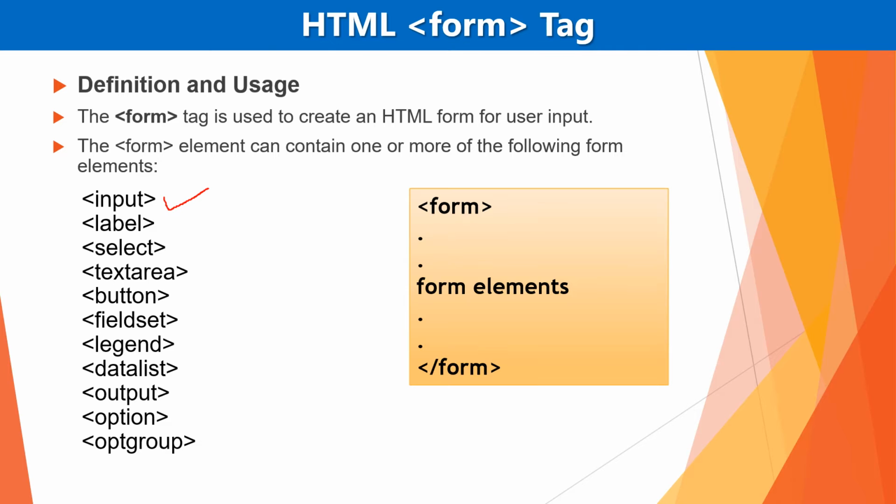These elements are input, label, select, textarea, button, fieldset, legend, datalist, output, option, and optgroup. These form tag elements are used to develop the form on the screen or in the browser.